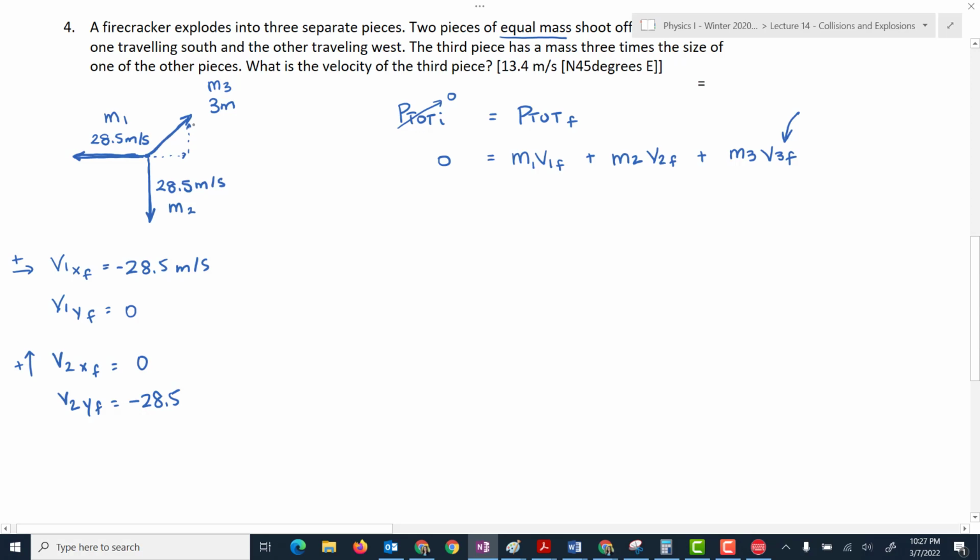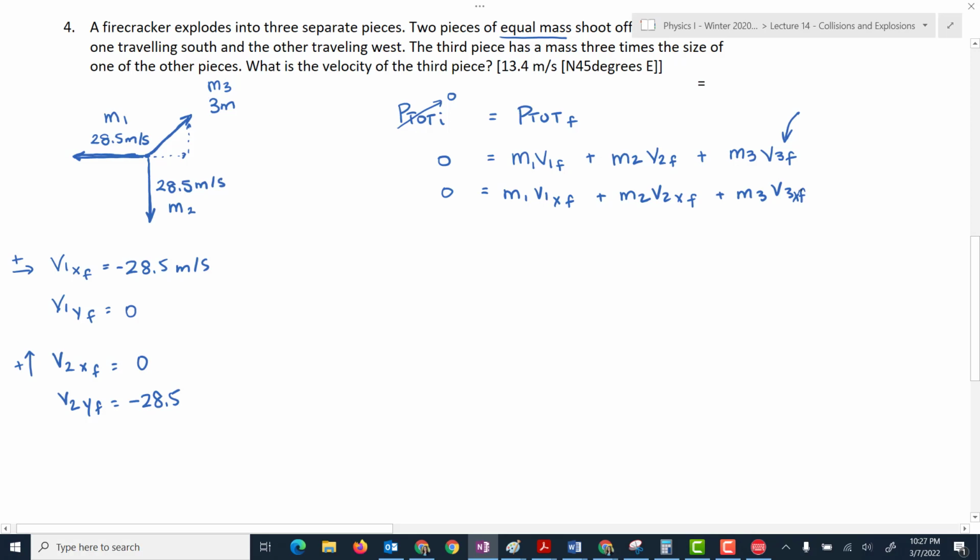I'm going to separate this equation out into x and y, so I have 0 equals m1 v1x final plus m2 v2x final plus m3 v3x final. And I'm trying to solve for v3 final, so I'm going to find v3x final here.